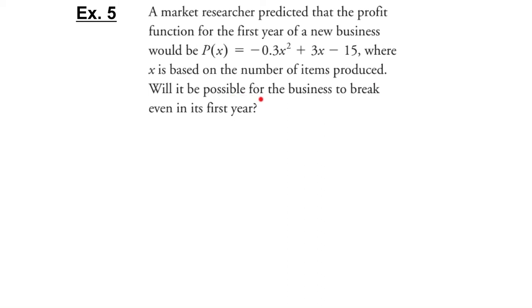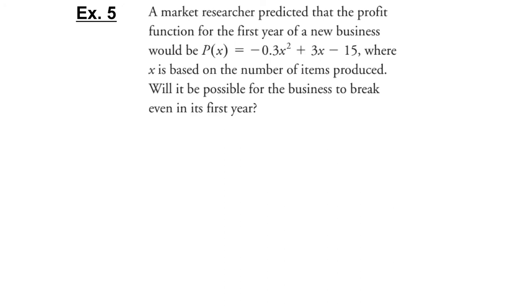Will it be possible for the business to break even in its first year? Okay, so profit is making money. Break even, when it says to break even, that means your profit is 0. So all of your revenue and all of your expenses balance out so that you're making a 0 profit.